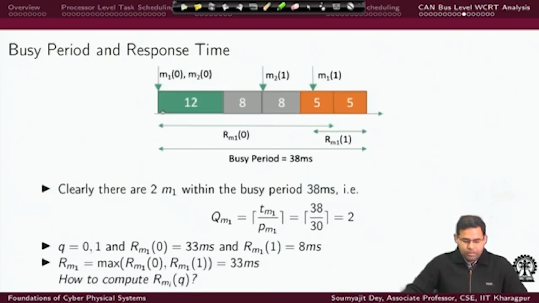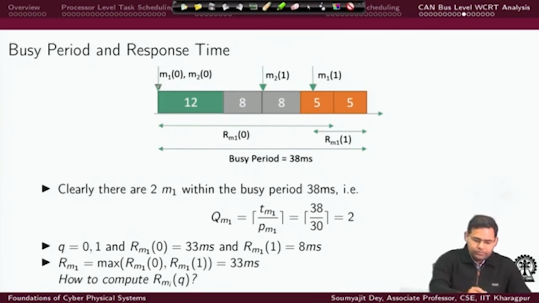So, for our example here, if you recall, we figured out this is the length of my busy period for this particular message, and inside this busy period, M1 has got two release instances, one being here and the other being here, right.